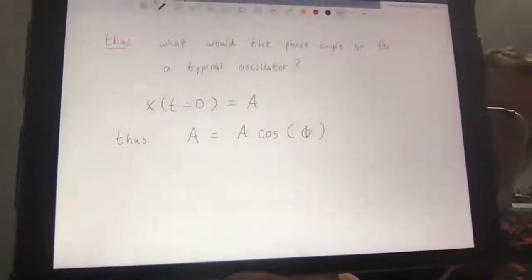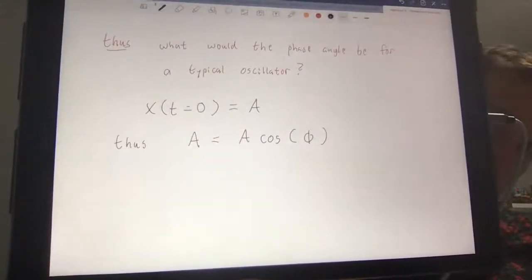And the position is also equal to, at t equals 0, A cosine of phi. So then we can say, thus A equals A cosine of phi. Hopefully you can see that has to be true, right?